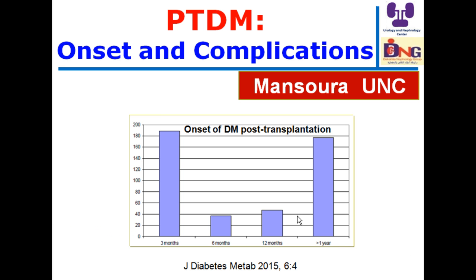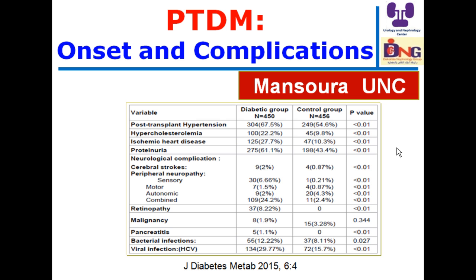And this is the onset of diabetes mellitus. The majority of them occurred within the first 3 months. And this is the different onset, as you see. This slide summarizes all risk factors. These are the complications of occurrence of post-transplant diabetes: increasing hypertension, hypercholesterolemia, ischemic heart disease, proteinuria, neuropathies, retinopathy.